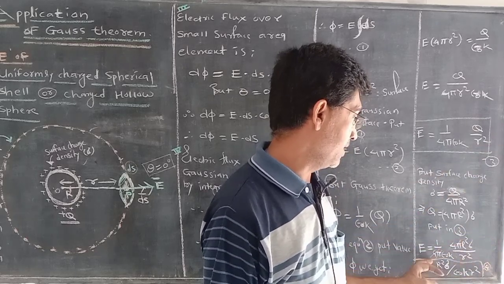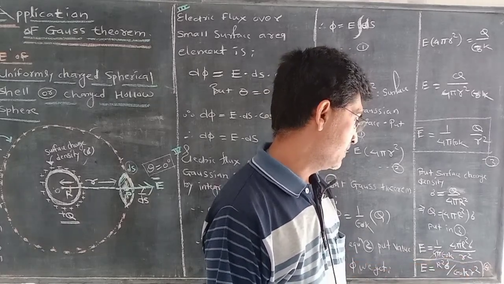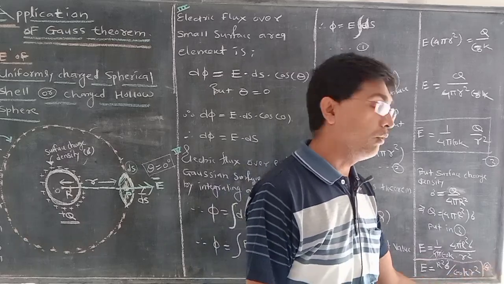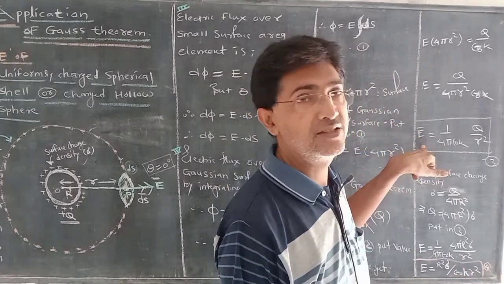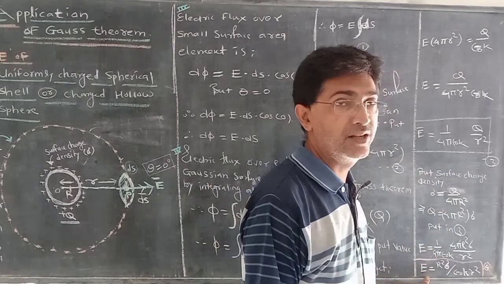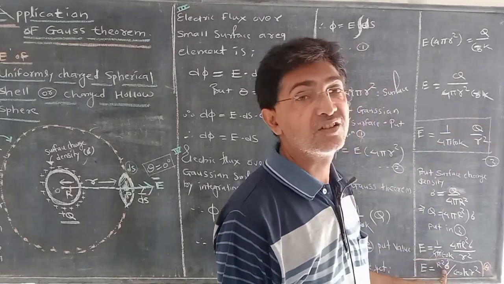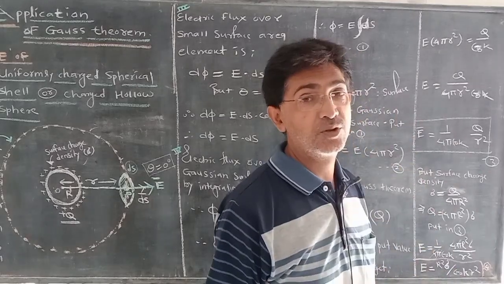The 4 pi cancel out, and you get E equals sigma upon epsilon naught k. This is equation number 4. Equation 3 and equation 4 are both equations of intensity: this one is in terms of total charge, and this one is in terms of surface charge density. So this is the first application of the Gauss theorem.